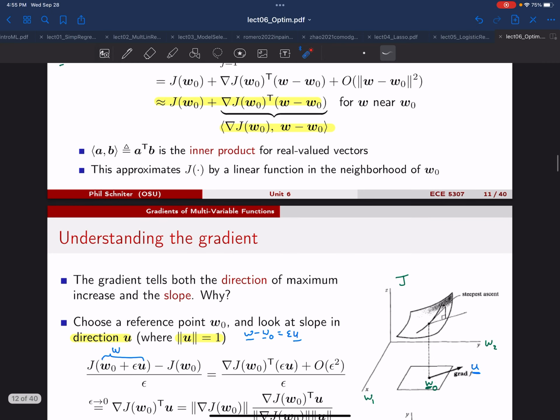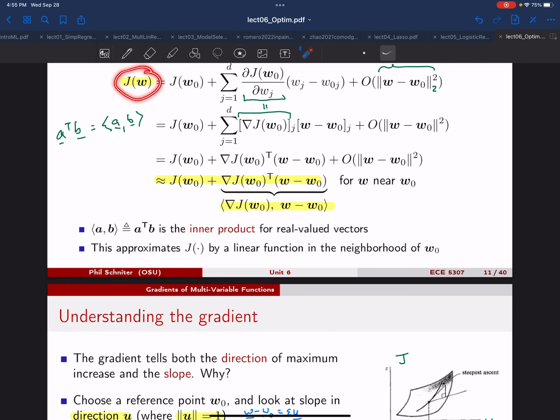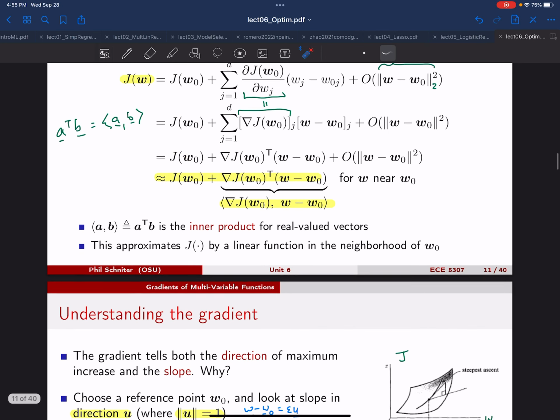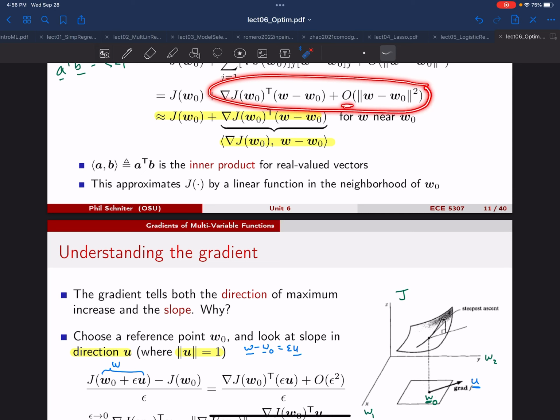So applying that down here, when I take this minus this, which is exactly what we have here, all I'm left with is this term. And so that's what I have here. Actually, we're including the order term here.